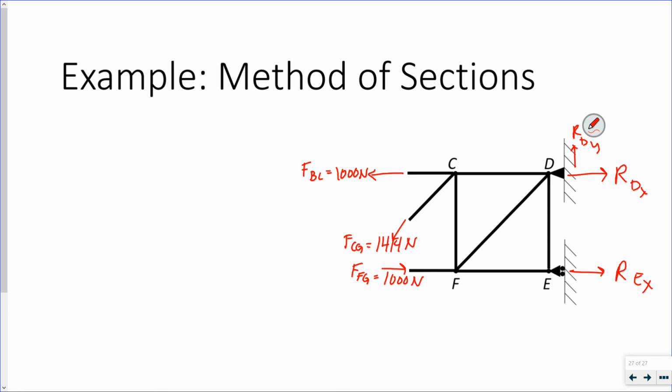You can do the sum of the moments about D. You can do the sum of the moments about C. Then you don't have to deal with those components. So now we only have 3 unknowns instead of the original 6, so we can solve with equilibrium because we have 3 equilibrium equations.